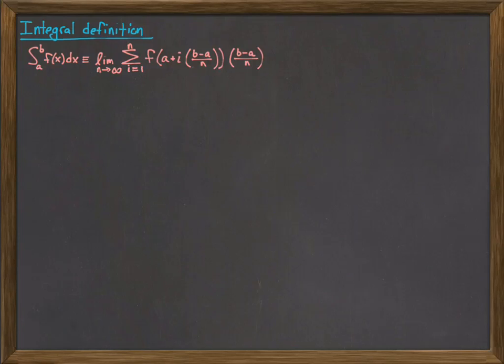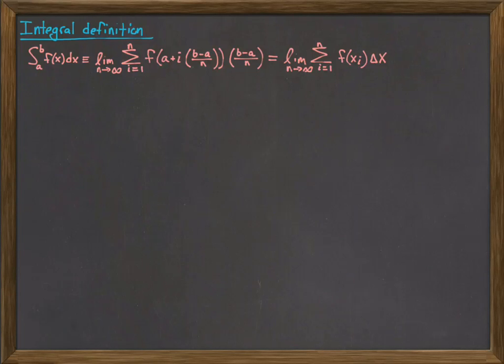You can think of that as the limit as n goes to infinity of the sum of f of x_i delta x. So this is the same as a Riemann sum taken to infinity, where x_i is either a left or right hand endpoint estimate. Delta x is the width of the rectangles. If you take the limit as you get infinite rectangles, you'll get the exact integral.